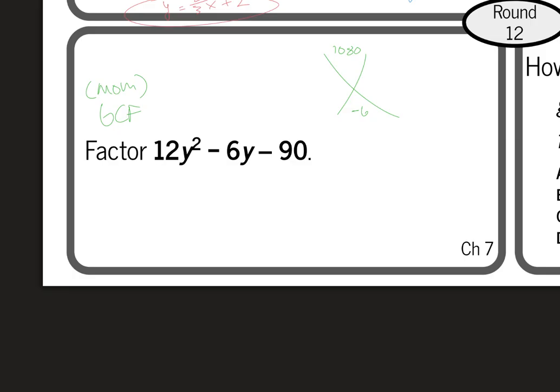Mom is just like there for us. And sometimes we overlook her, and that's a bummer. But what I mean is the greatest common factor is what each of those have in common, and it's 6. And now this is a whole lot nicer, because 2 times 15 is -30, and we need the factors to equal -1. That's way easy, because it's -6 and 5, right?